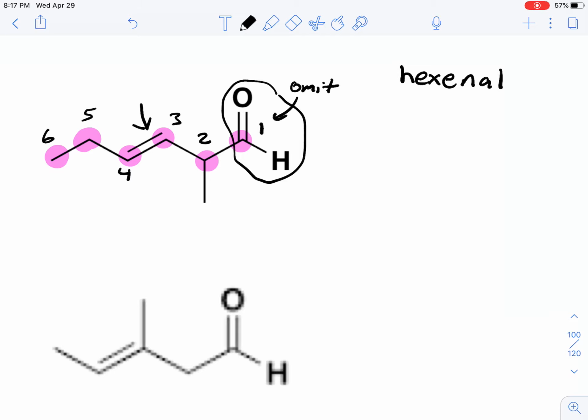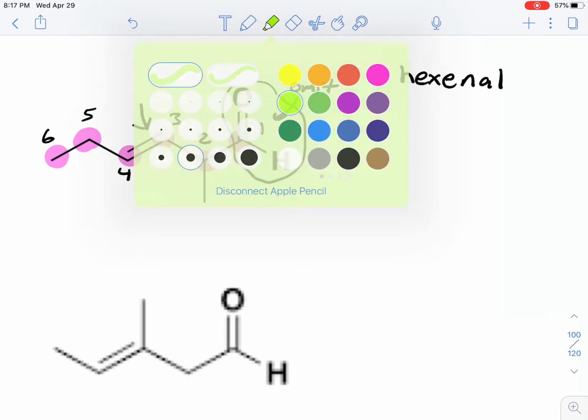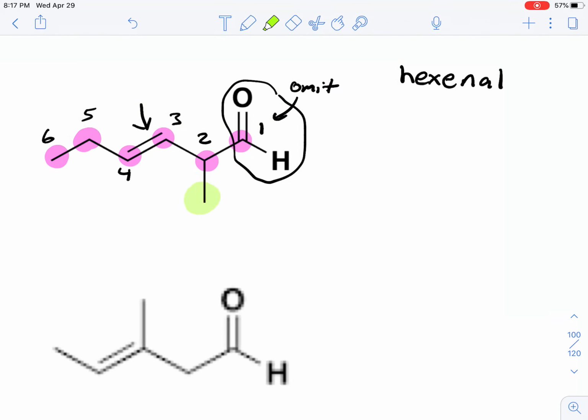All right, and so the next thing that I want to do is describe the position of my substituent and the position of my double bond. Now, when you're describing the position of your double bond, it's always where it starts. It has to follow your numbering system. So if this is carbon 1, this is carbon 2, this is carbon 3.